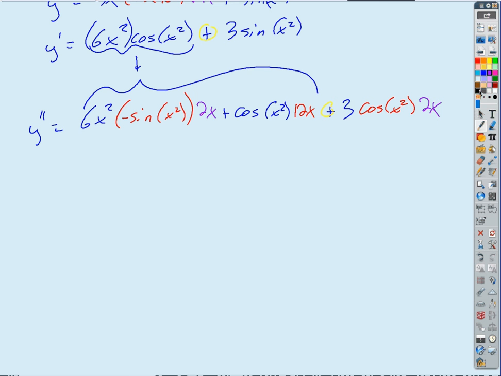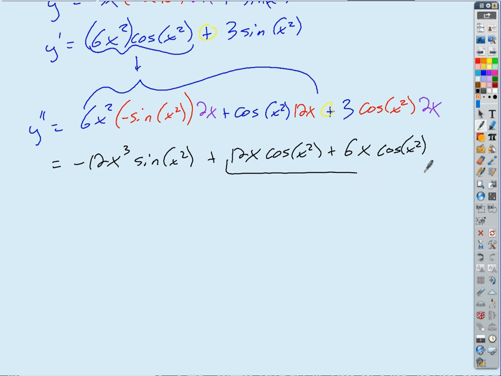If we clean these terms up, we get a negative 12x cubed times sine x squared plus 12x times cosine x squared plus 6x times cosine x squared.